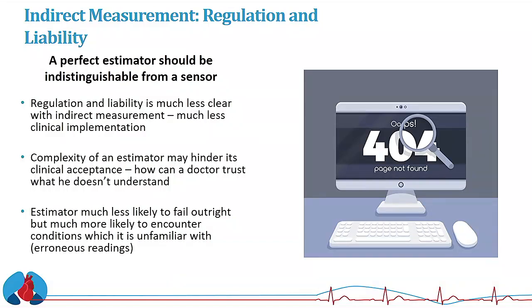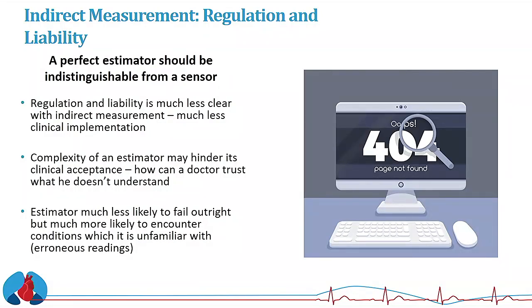So one thing to think of, outside of official regulation, is: is a doctor going to use it? Because the doctor's ultimately the one who's open to liability if he kills a patient because he's decided to use a device. And so a lot of doctors won't use something that they don't completely understand.